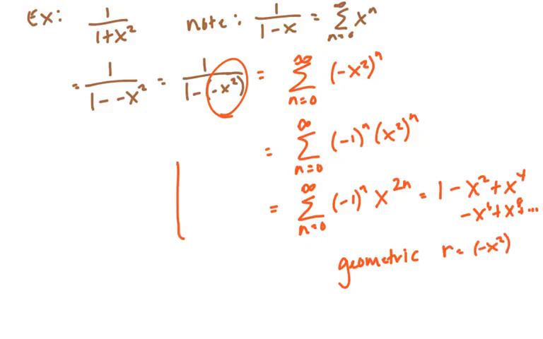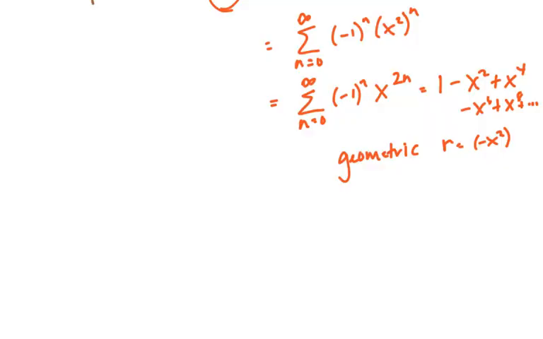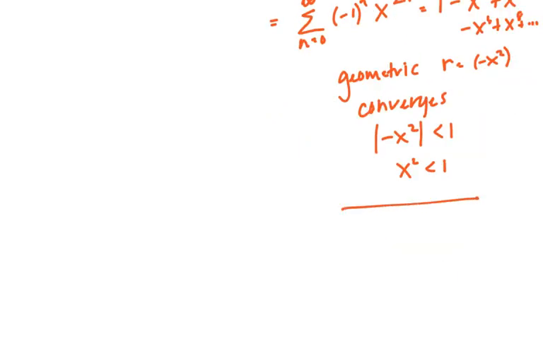So we know that this converges when the absolute value of negative x squared is less than 1. So the absolute value of negative x squared is less than 1. If we solve this inequality, this tells me x equals plus and minus 1 are my roots. So x equals 1 and x equals minus 1.